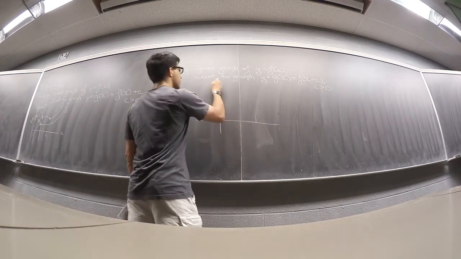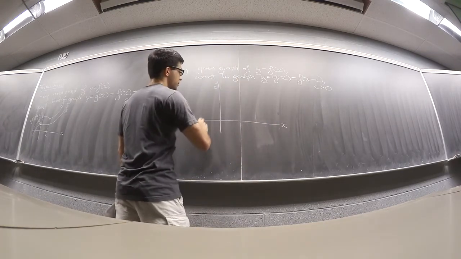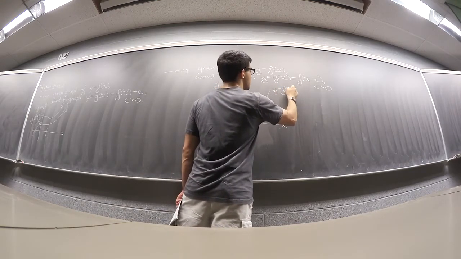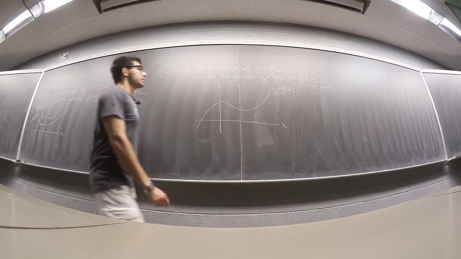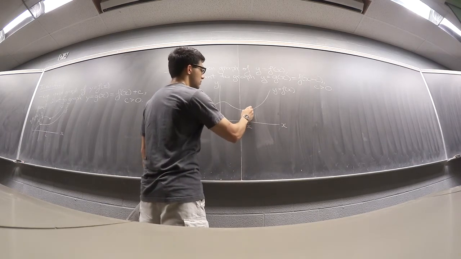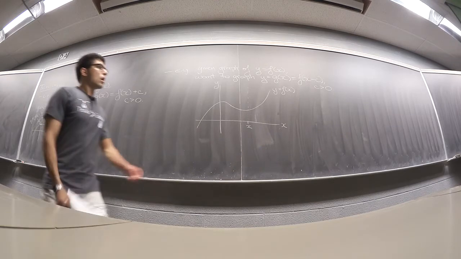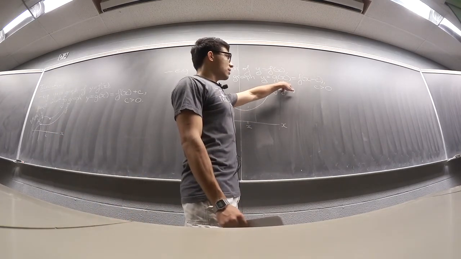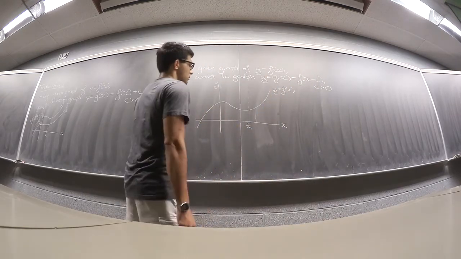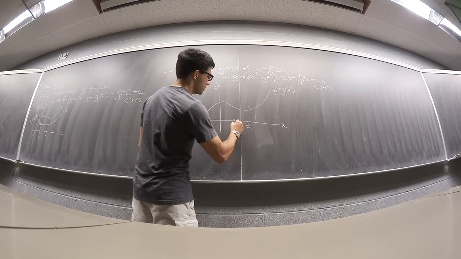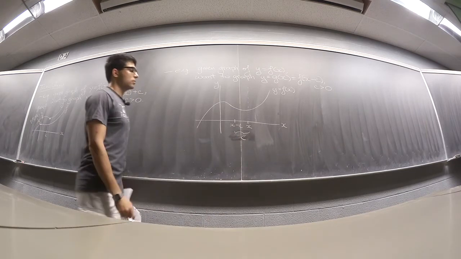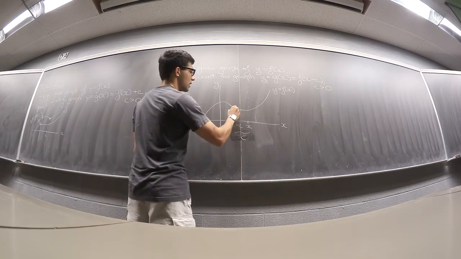Same deal, let's look at f. At any value of x, the y value for g is going to be the y value that f took c units ago. So c units ago is here, and the value that f took is this.